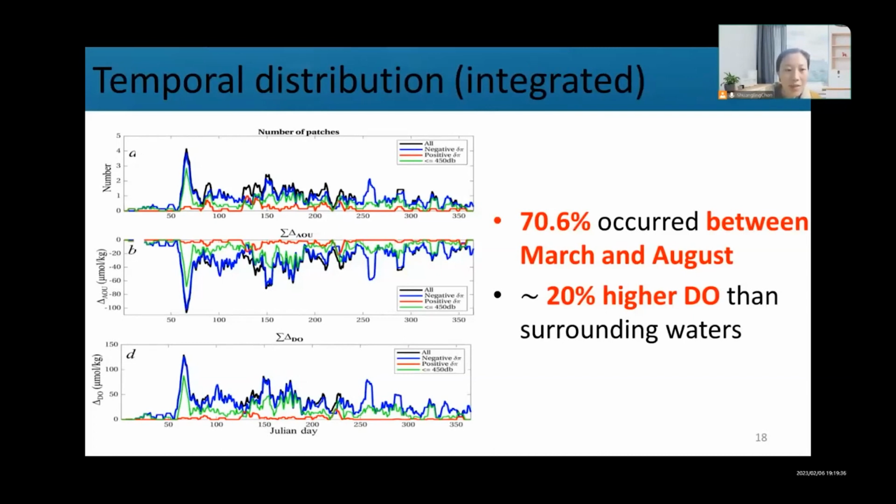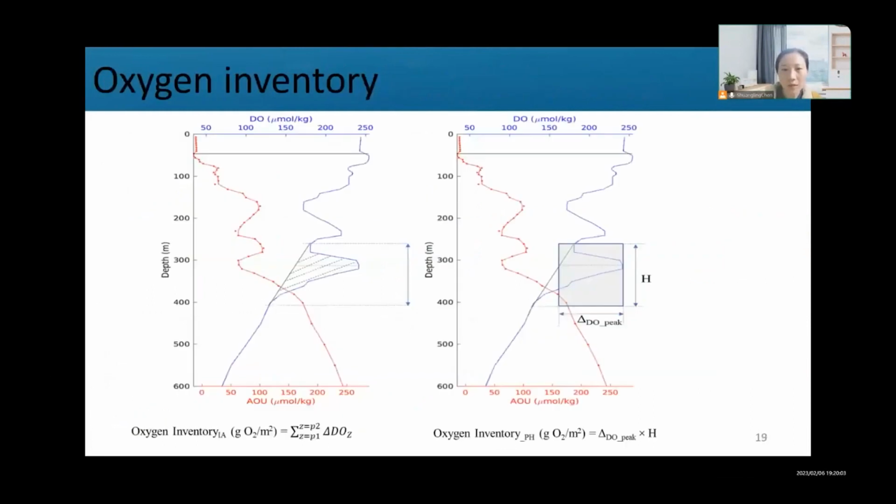And we think that the more energetic winds and the accumulated strong heat loss in winter probably contributed to the peak of subduction observed in March. And in general, the oxygen concentration of the injected waters is around 20% higher than the surrounding waters.